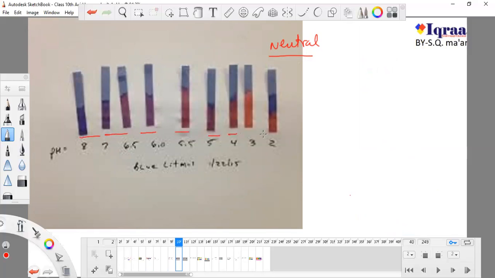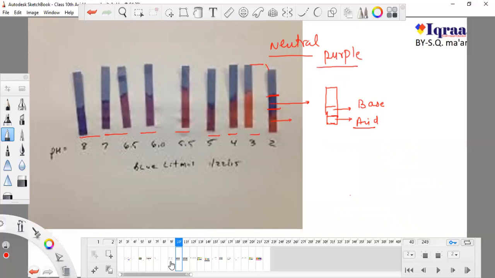One of you asked why there are two colors. There are two colors because this filter paper is used to show two types of pH. This portion is used to find base, and this portion is used to find acid. That's why it is showing two colors. Otherwise all of them are neutral because they are purple in color.